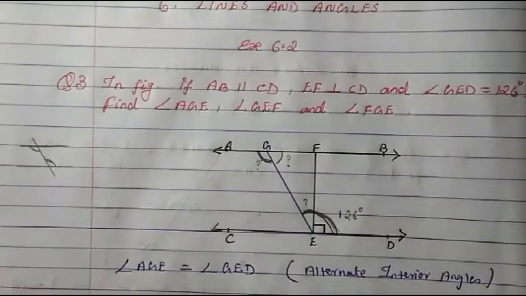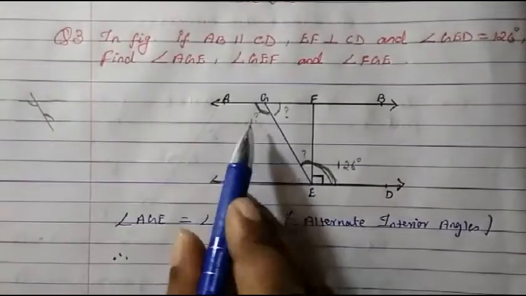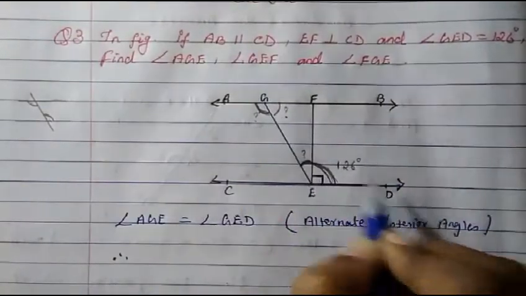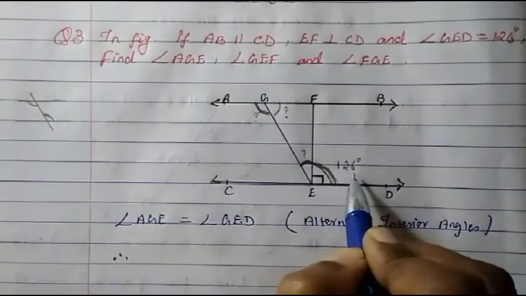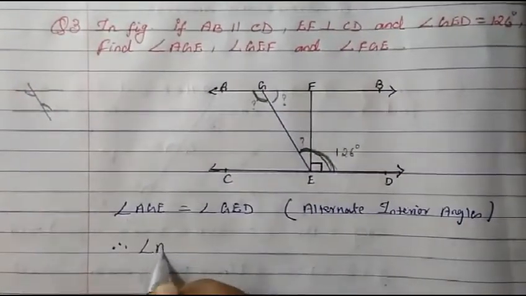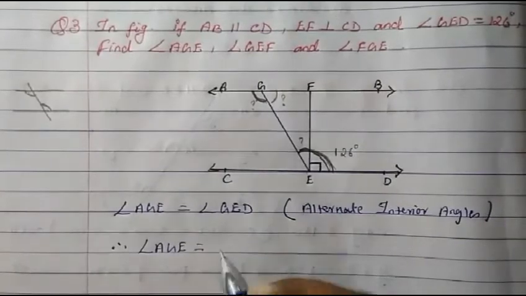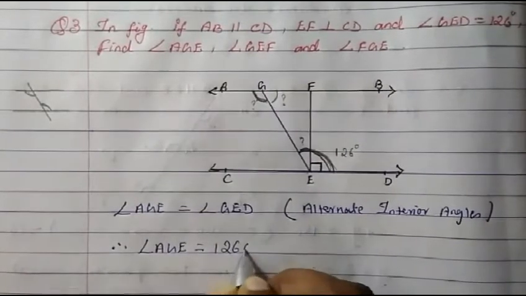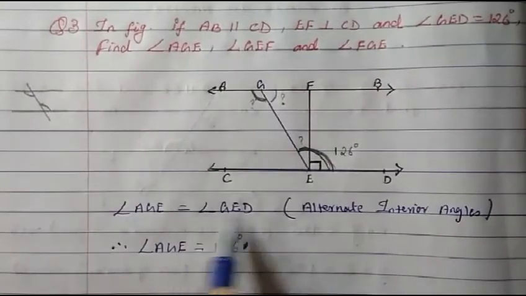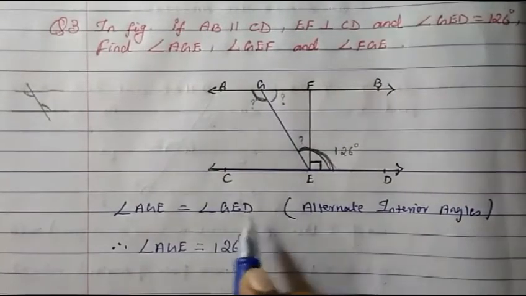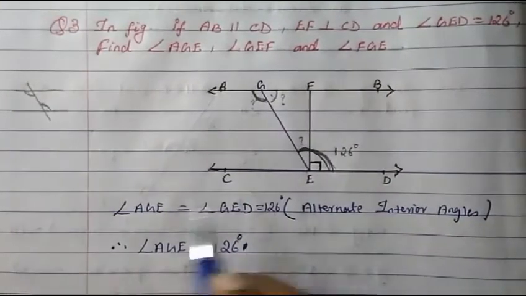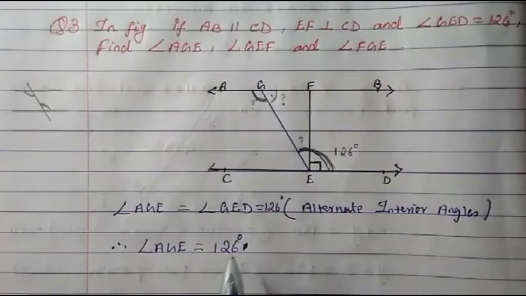GED, this whole angle, is given to us as 126. So if they are equal, then angle AGE also will be 126 degrees, because they are alternate interior angles and GED is 126 degrees. Therefore AGE also will be 126 degrees.